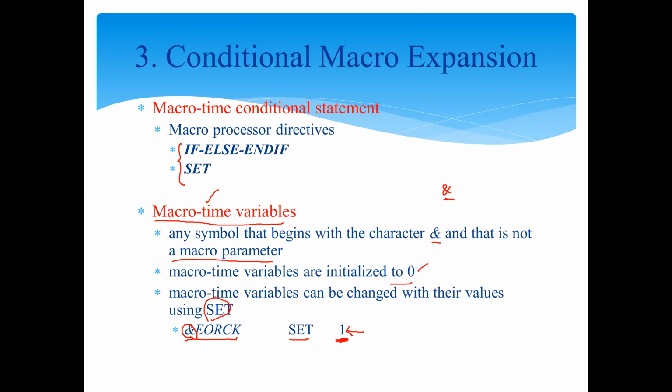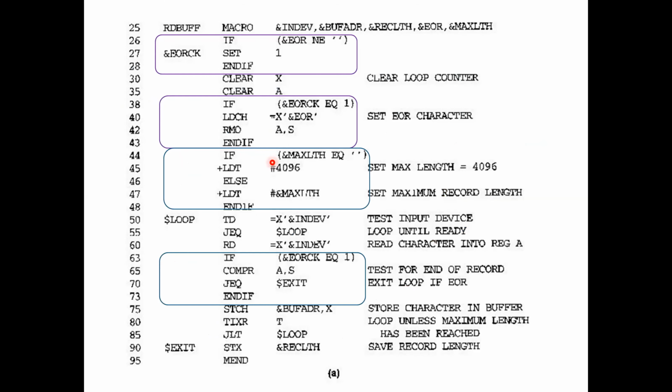The syntax, if you don't have any else condition, is similar to the high level languages you have learned, like if, else, else if in C programming. Here also you have a similar structure. It starts with if, and if you have an else condition, it comes in between, and it ends with endif.